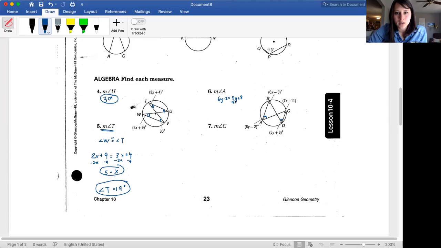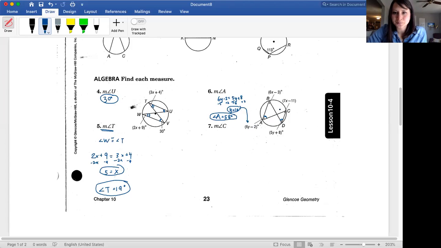Work this out, find y. Y, I think, looks like it equals 10, but I'm not done. I need to plug that in. So finding angle A, plugging it into the expression, 6 times 10 is 60. 60 minus 2 is 58. So angle A equals 58 degrees.